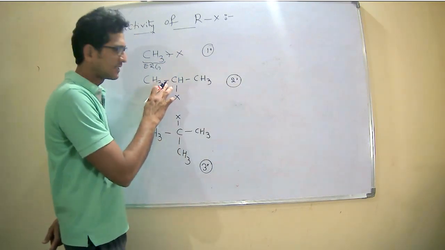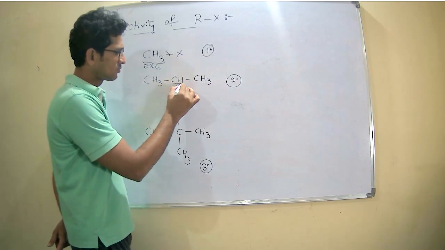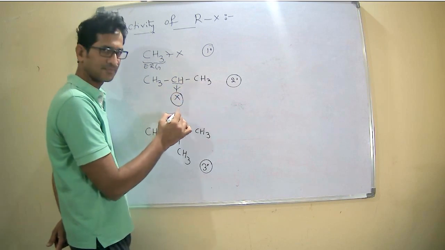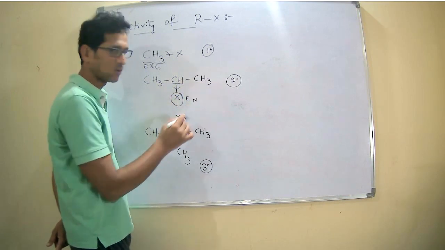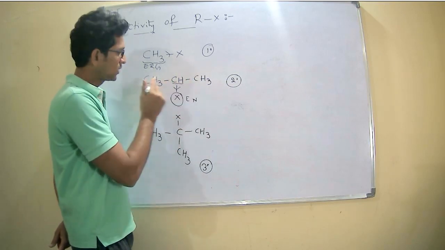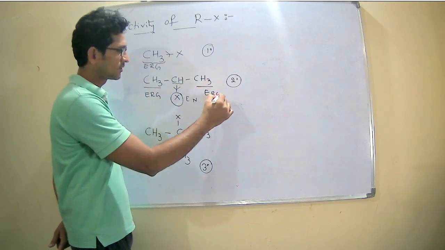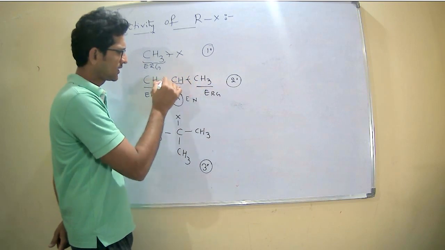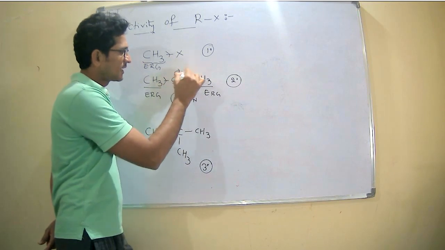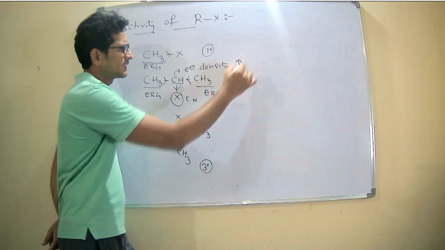But in the secondary case, similarly, the CH3 group, an electron releasing group, donates electrons to the more electronegative halogen. But now this carbon is surrounded with two electron releasing groups, which can donate electrons to this central carbon. Then the electron density will increase.